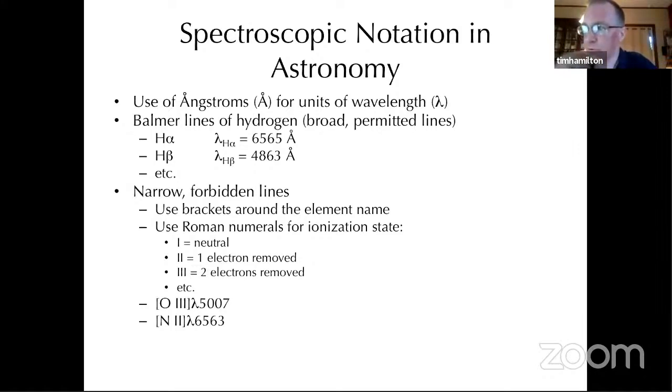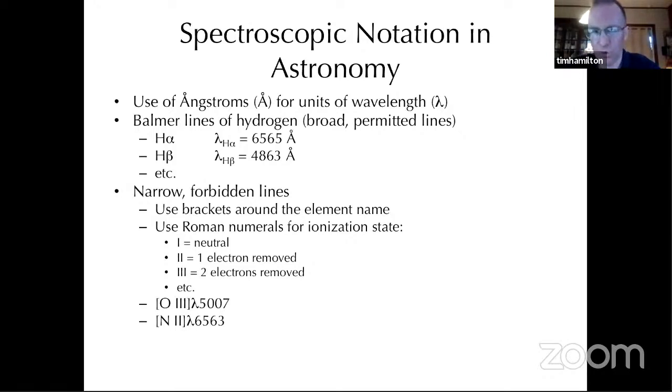So oxygen 3 has a bright emission line at 5,007 angstroms, and because the bracket notation is only telling us the element and the ion, it doesn't tell us which line. And so you should specify which line with a lambda and the wavelength in angstroms to the right. Nitrogen 2, there's a bright line at 6,563 angstroms, for example, but of course there are others as well.